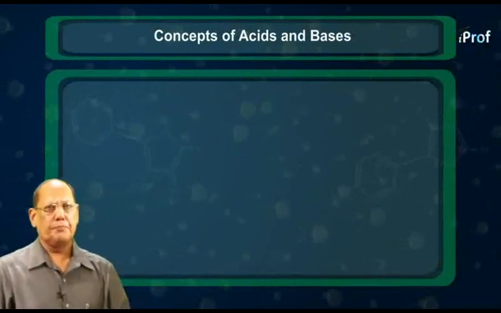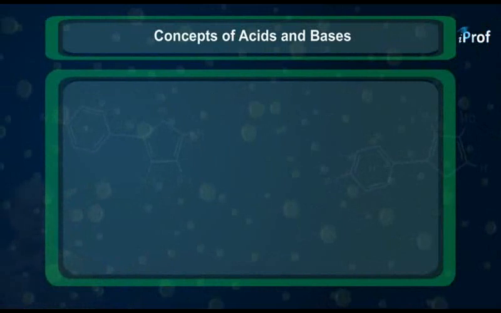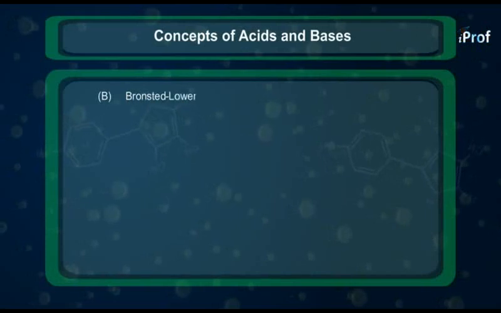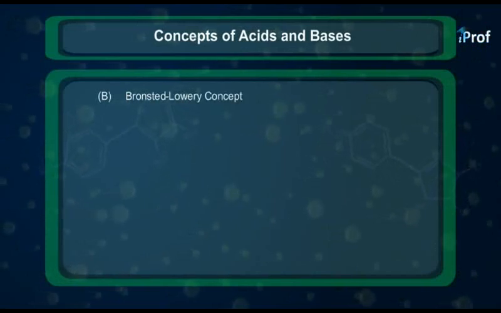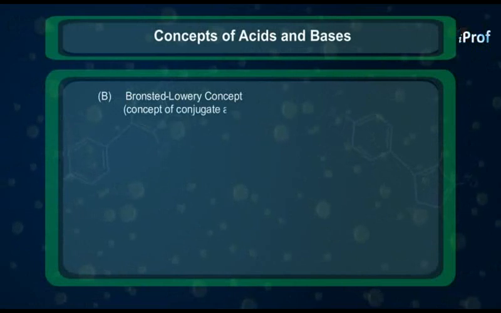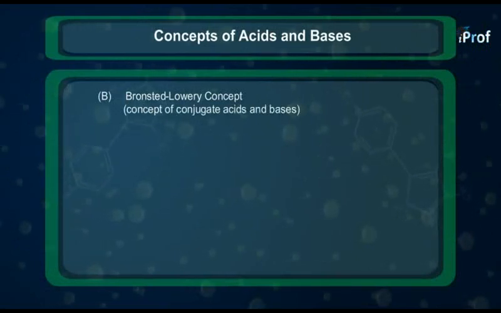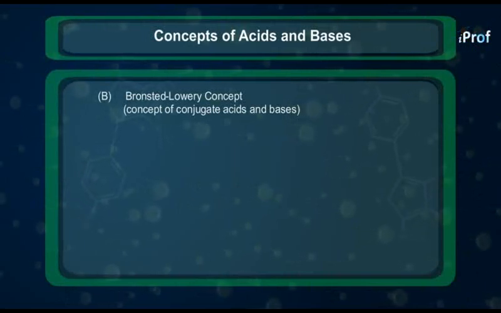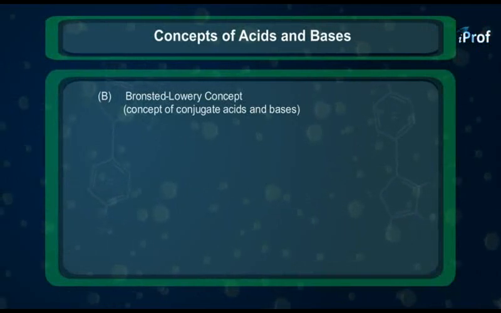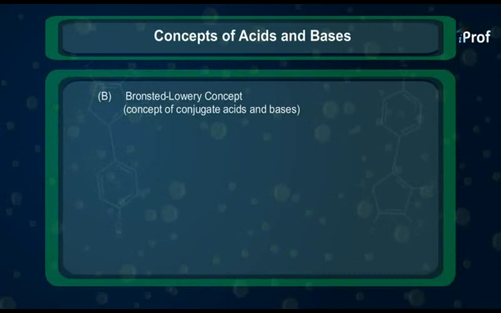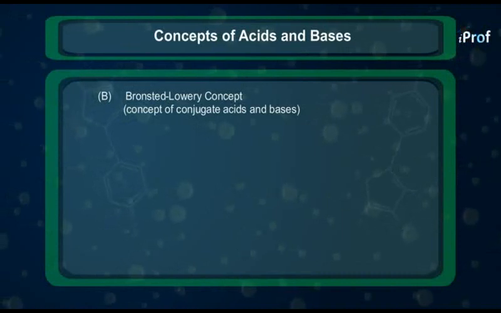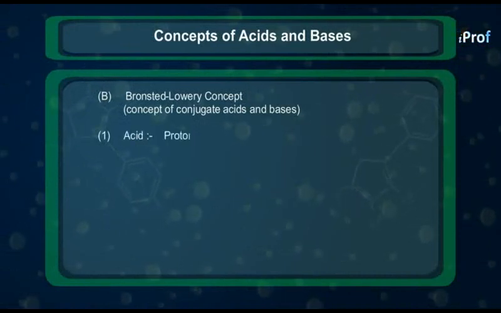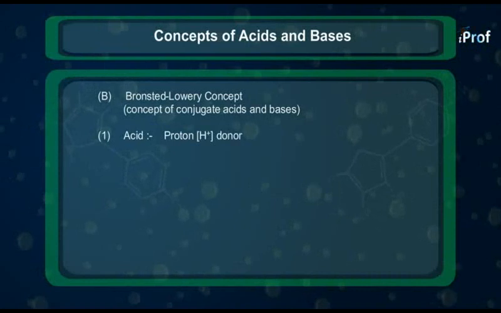Let us now discuss the second concept about acids and bases, which is known as Bronsted-Lowry concept, and also known as concept of conjugate acids and bases. With the help of the same points, let us now judge this concept. The first point is, as usual, what is an acid? According to this concept, acid is any substance which is a proton, that is H+ ion donor.